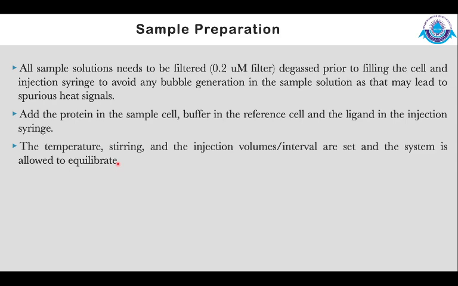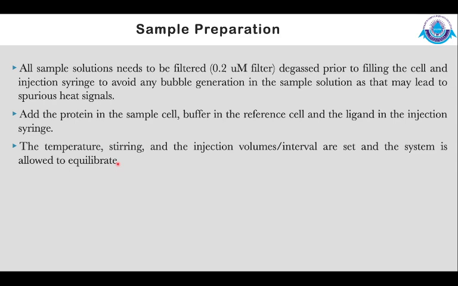Even just a 1 degree change would take a good 5 to 10 minutes to equilibrate. So we have to ensure that the sample, reference cell, and injection syringe are all at the same temperature before we actually start the measurement. Typically we allow about 30 minutes for equilibration.